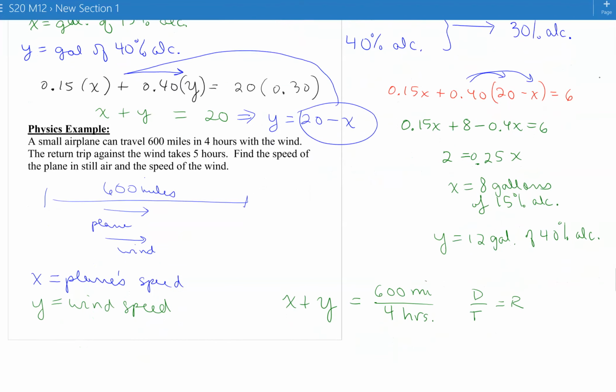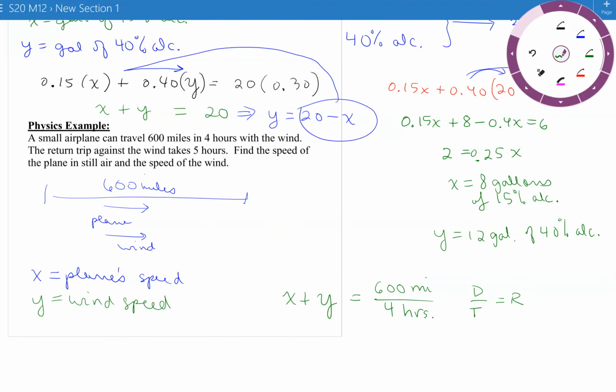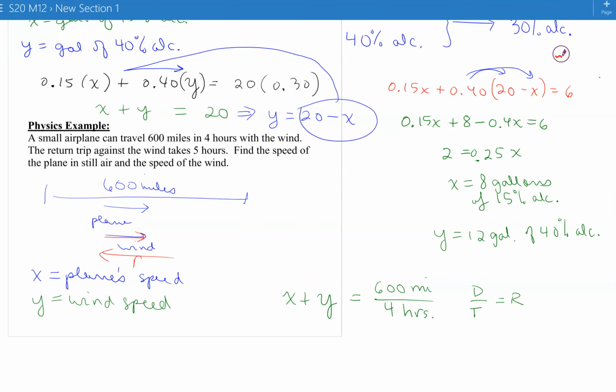So that's my one equation. Then when I'm coming back the other way, the wind is still blowing this way, but now my plane is going this way. So my plane's speed is having the wind's speed subtracted. So that slows me down and it takes me 5 hours to go the 600 miles.